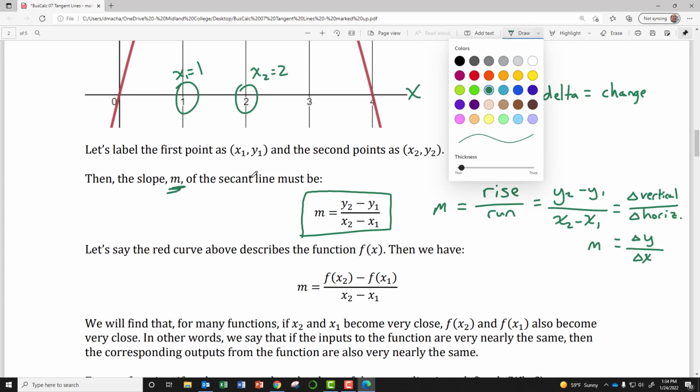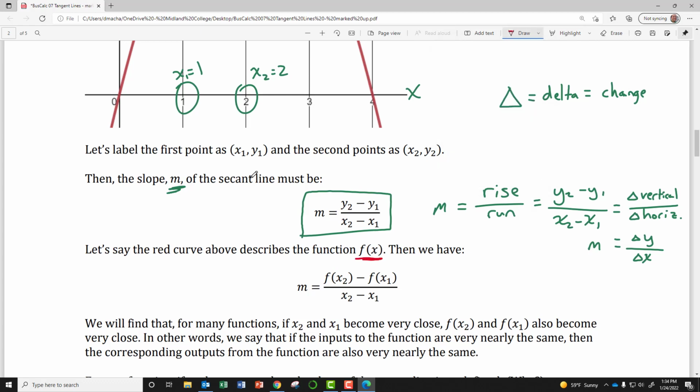Now, because we chose points along my red curve, and if we say that my red curve describes a particular function, so let's say it describes the function f of x, then we would say, well, the y-coordinate, y subscript 2, is just going to be our function evaluated at x subscript 2.